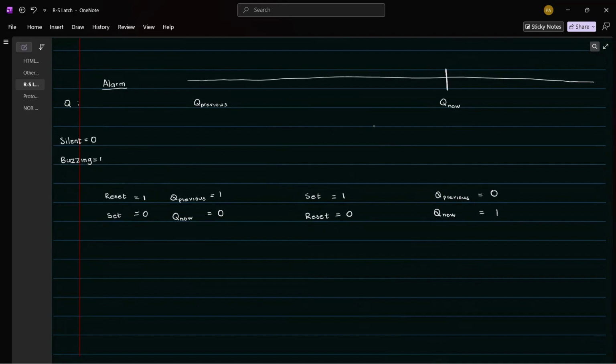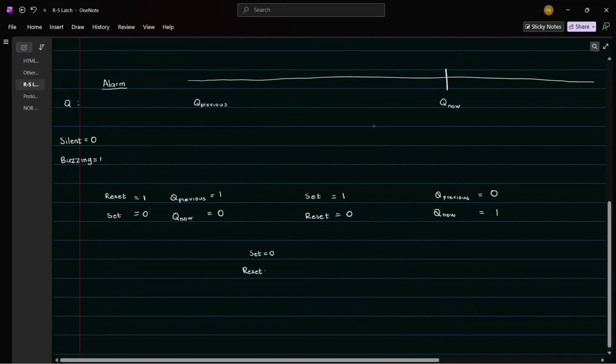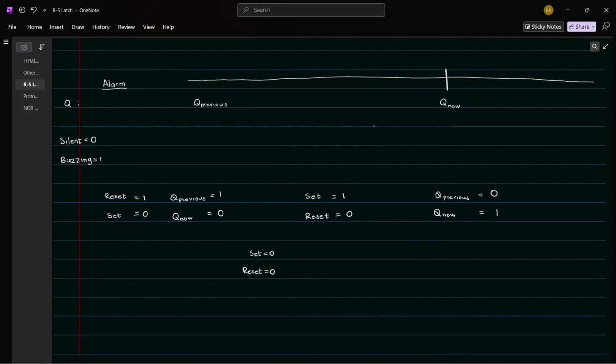But when set is equal to 0 and reset is equal to 0, nothing happens to the system, right? The alarm will keep buzzing if it was buzzing, and the alarm will keep being silent if it was silent.